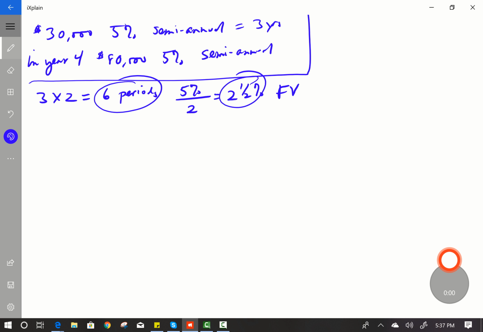I'm going to take $30,000 and multiply that times the corresponding factor on the future value table of 6 periods and 2.5%, which is 1.1597, and that would equal the compounded amount or future value of $34,791. Okay, then in year 4, I'm going to deposit $80,000.